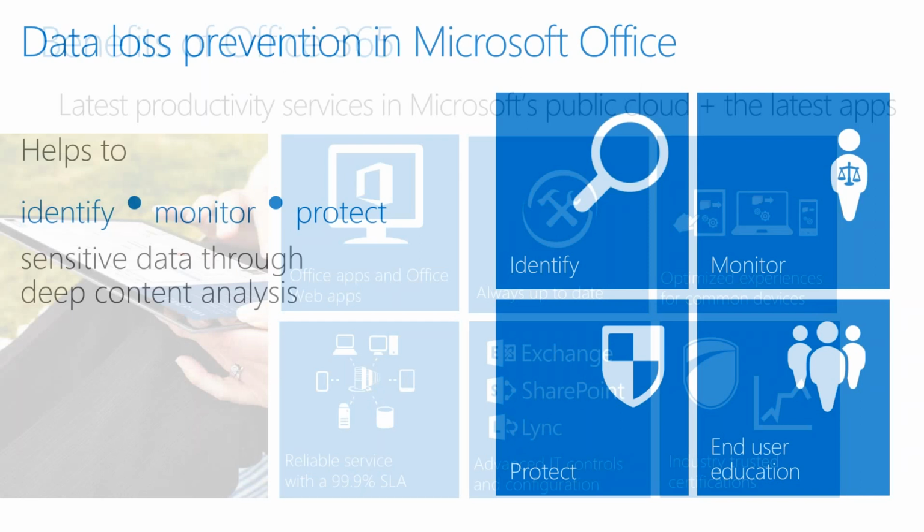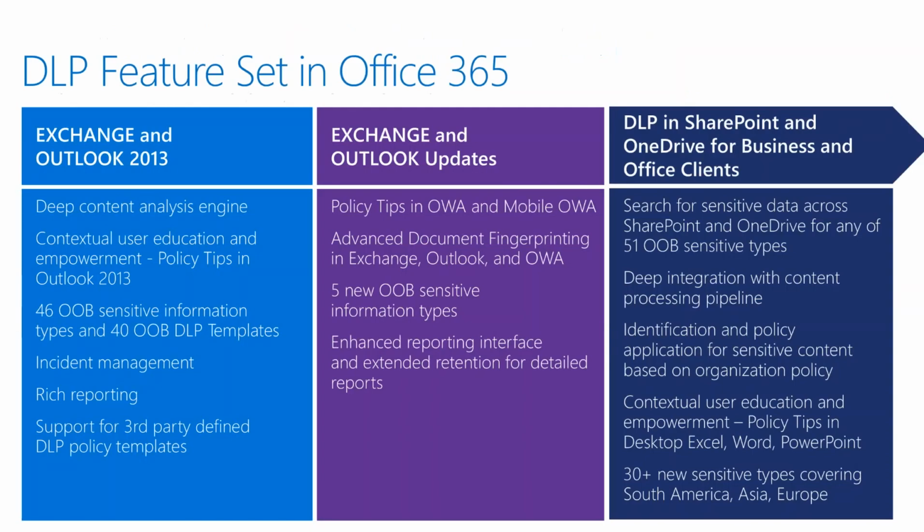You will need to be running 2013, the latest version, to have some of these capabilities. 2016 has most of them out of the box. And some of the advanced capabilities relative to templates will need the latest updates as well.